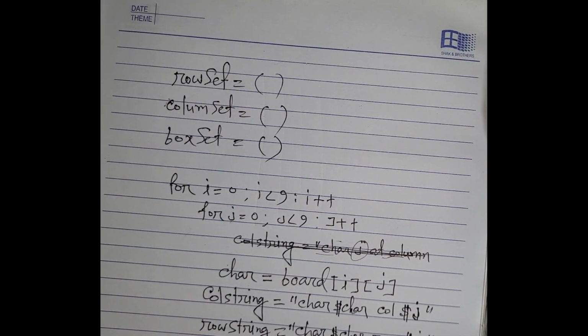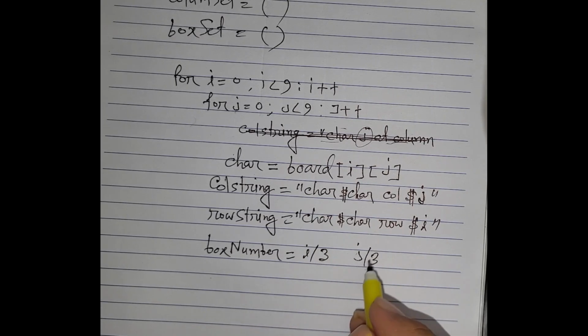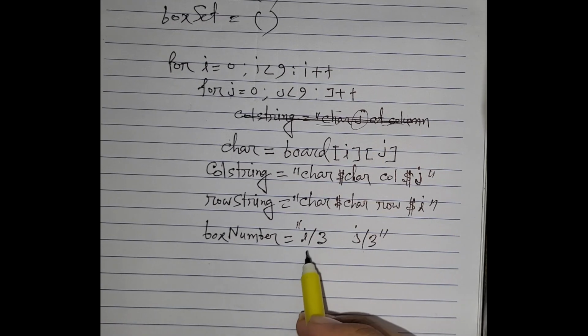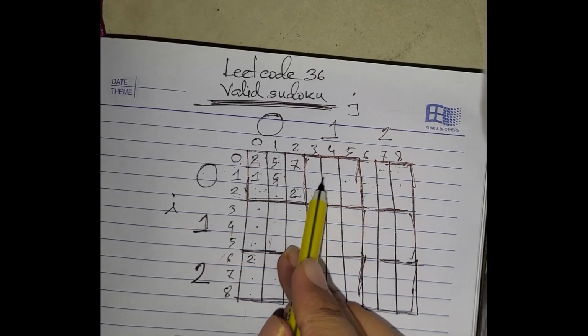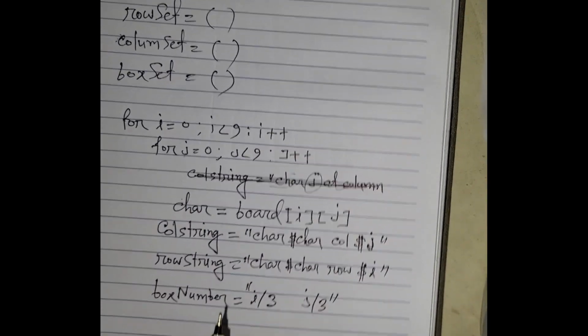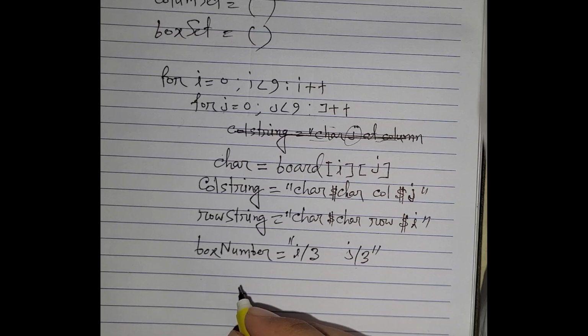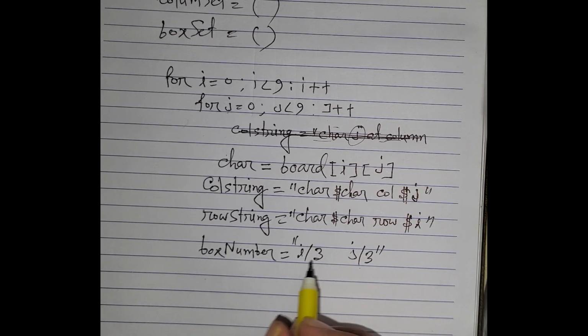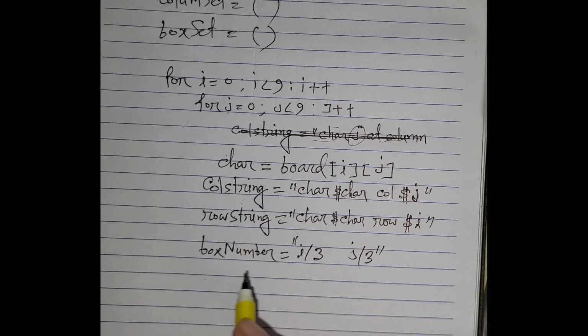Anyway, so we're getting a box number and we're getting some value here. We have to make a string out of it. For the first one, it will be 0, 0. For the second one, it will give us like 0, 1 or something. Okay, so we got our box number. Now, for this character, I want to know which box it belongs to, so I need to make a string out of it.